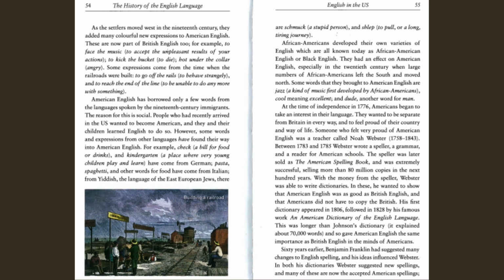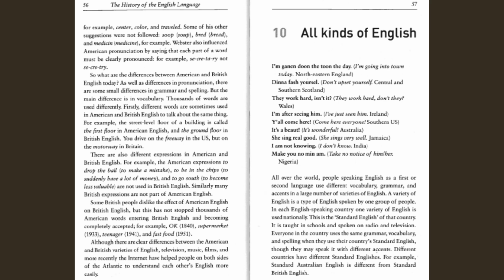In both his dictionaries, Webster suggested new spellings, and many of these are now the accepted American spellings. For example, center, C-E-N-T-E-R, color, C-O-L-O-R, and traveled, T-R-A-V-E-L-E-D. Some of his other suggestions were not followed.